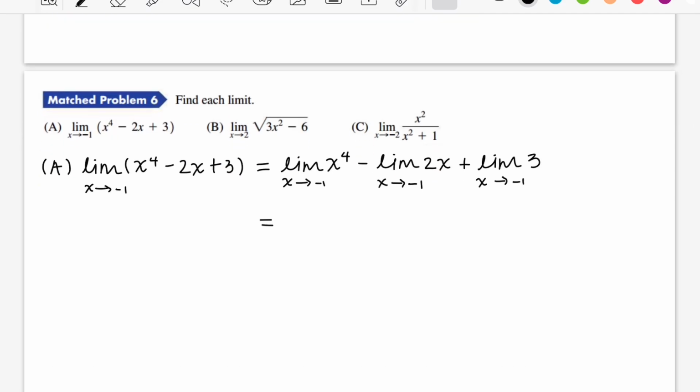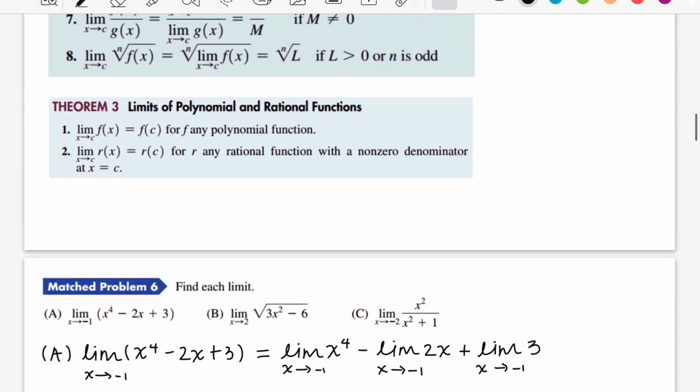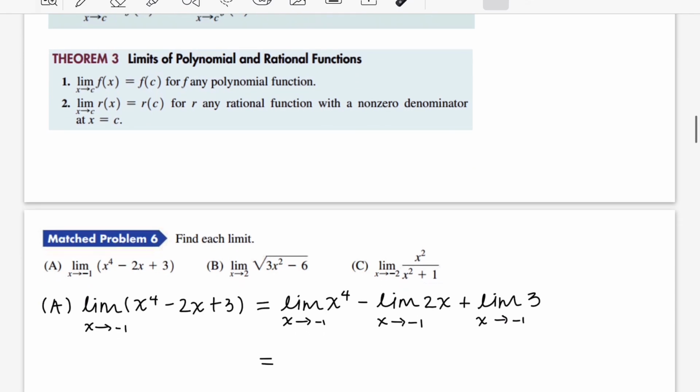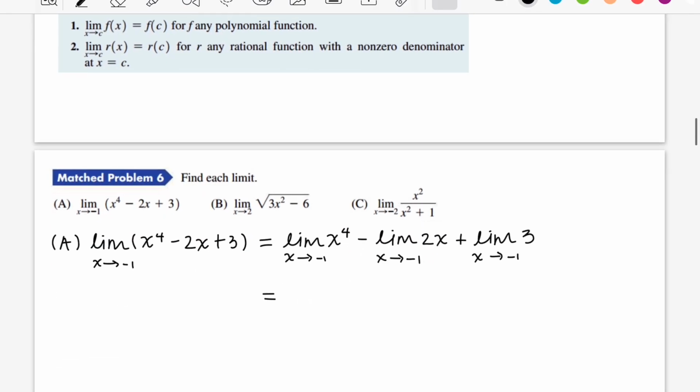like that there, and then we can take each individual limit. And remember, for any polynomial function, which this is, the limit of f of x as x approaches c is equal to the value of our function at c. So what we can do here is just plug in -1 into x, wherever we see it.